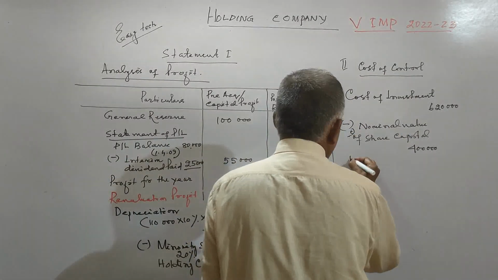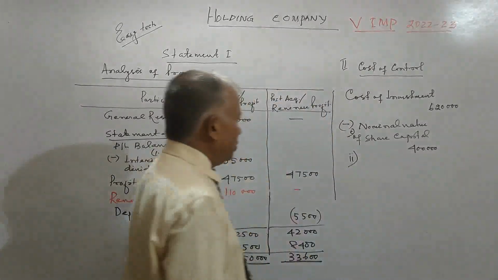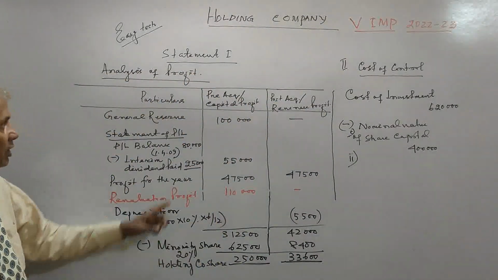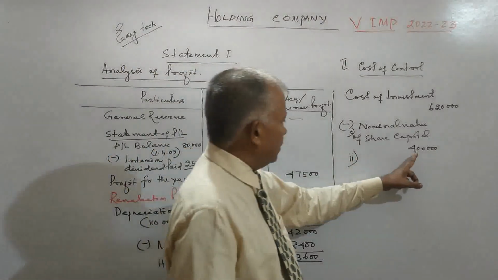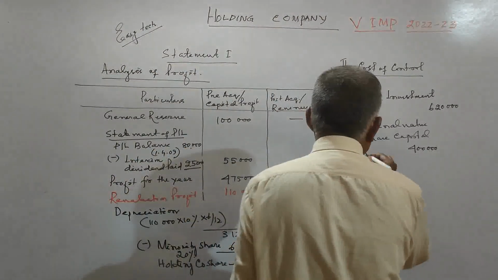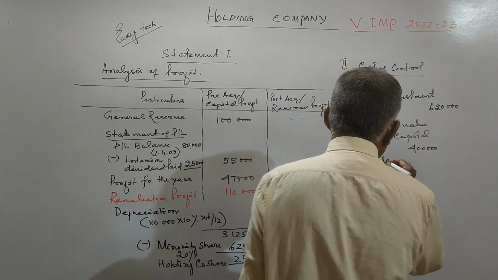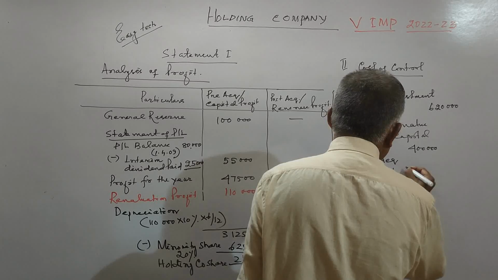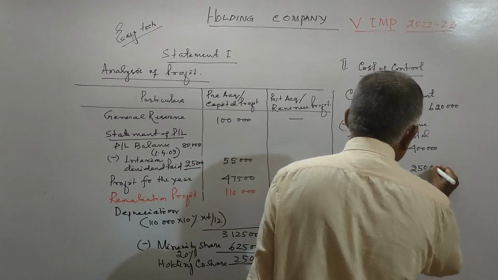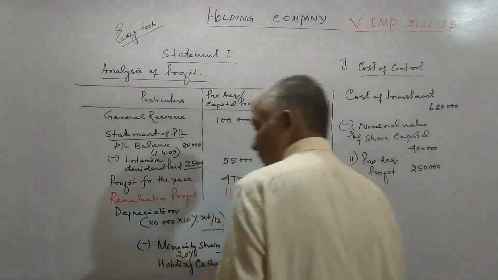This is number 1. Number 2, I have told you the pre-acquisition profit will also go here. So here pre-acquisition profit of holding company share, 2,50,000.